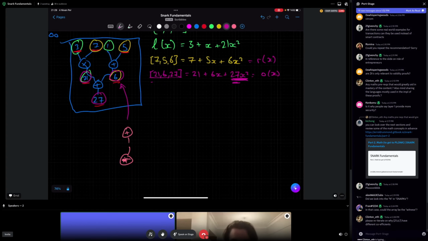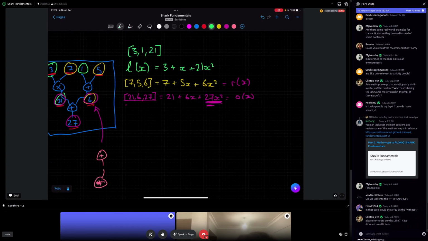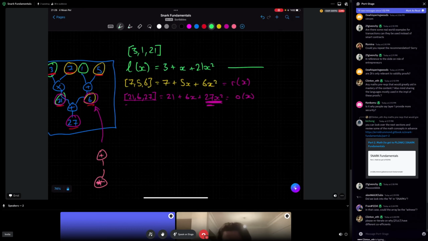So we've made our polynomials from our filled-in circuit, and then we can commit to them. When we commit, we'll actually evaluate them at a random number. In the proof system, we have to get a random number from somewhere, which isn't something we really cover in this course because there are so many details.